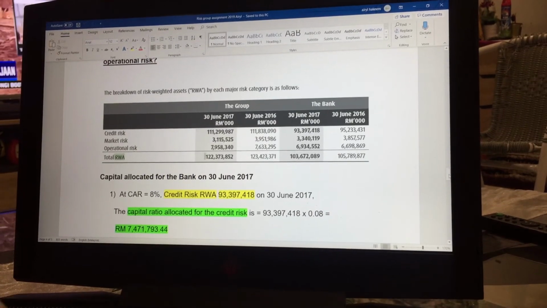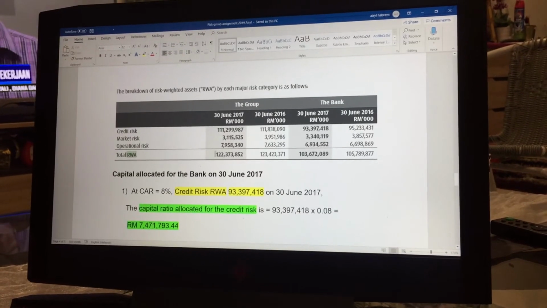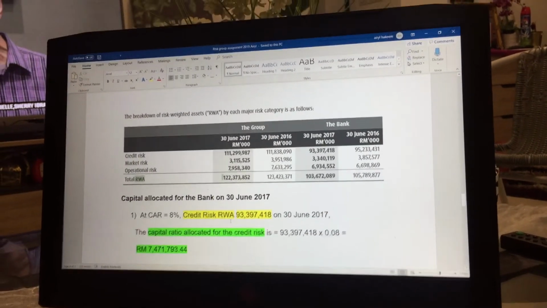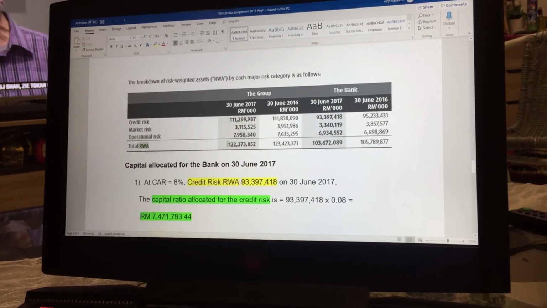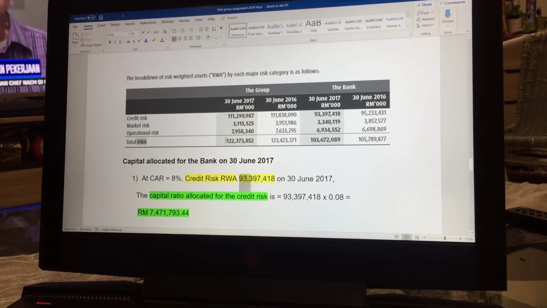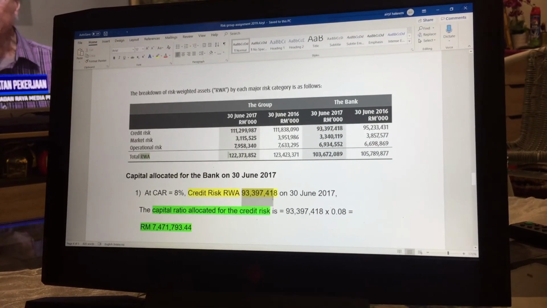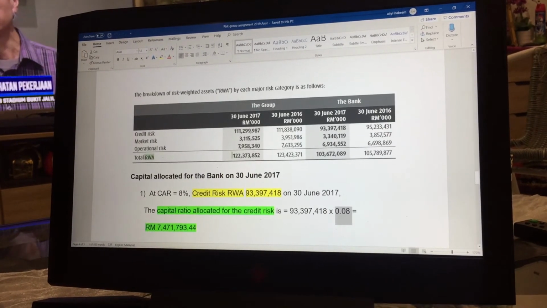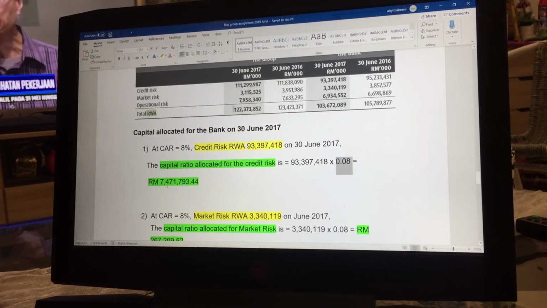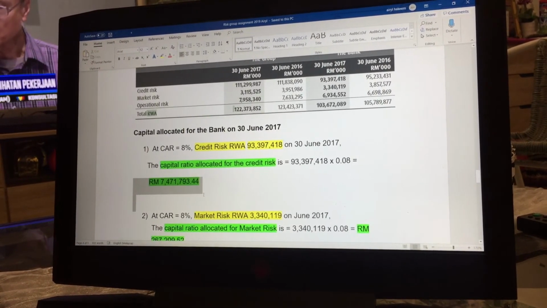After looking thoroughly at their financial statement as of 2017, to calculate the capital allocated for credit risk, we take the credit risk RWA, which is RM93,397,480, and multiply it by the CAR of 8%, which is 0.08, and we got RM7,471,793. So this is the capital allocated for credit risk, 7 million plus.